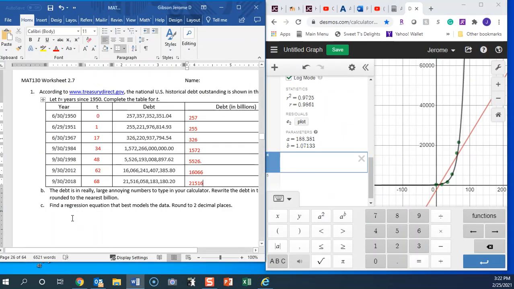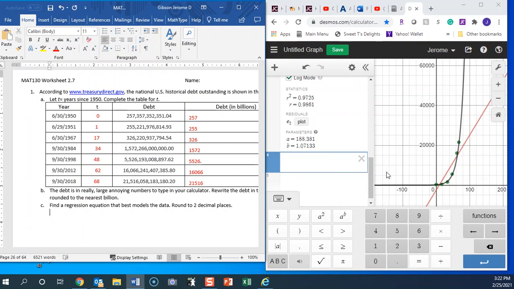Now, according to this here, it'd be better if I type it over here in Desmos because it doesn't show up as well on here. So it'll be y is equal to, and then they ask us here to round to 2 decimal places. Remember, y is ab to the x power.